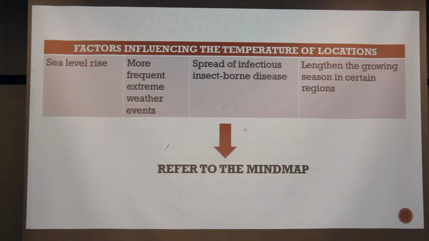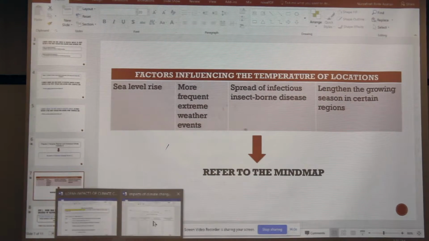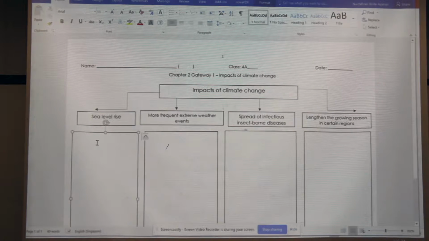Everyone, please look at your mind map. So sea level rise. Can you show me the points? The melting of glaciers due to the heat. What causes the heat to increase? Due to shortwave radiation.